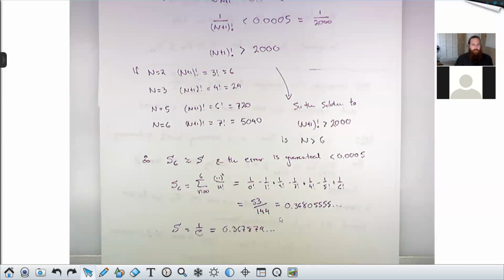I can say that this series, S, even if I don't know that it converges to 1 over E, should be really close to 53 over 144. I can say that it's within 0.0005 of 53 over 144, and that's the power of this theorem. So it's the first tool we have for giving the sum of a series besides telescoping and geometric series.